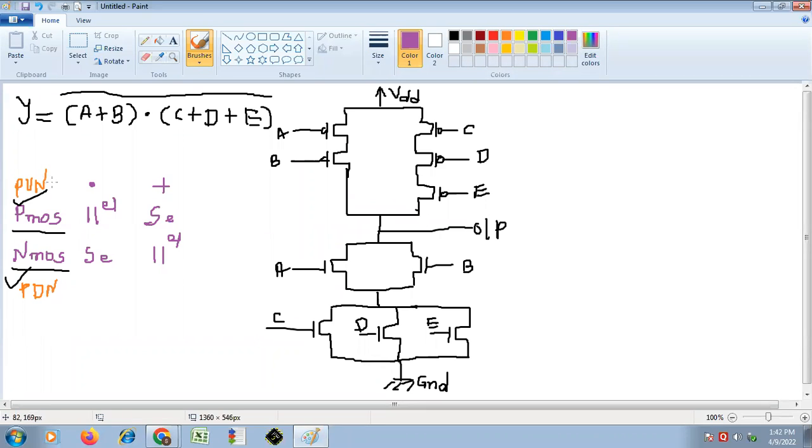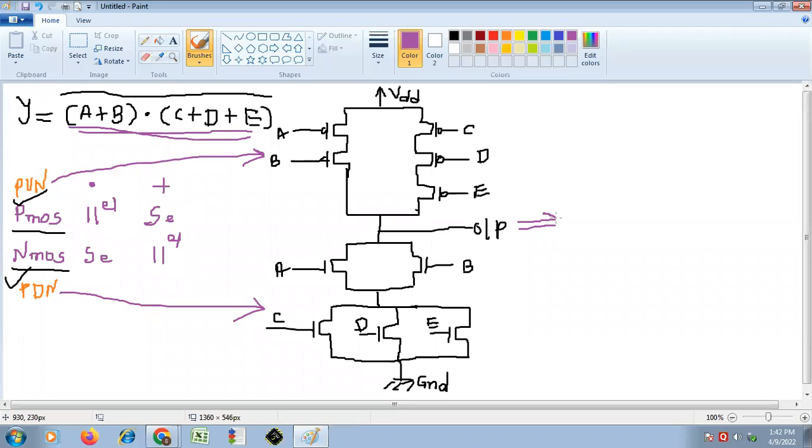So this is a pull up network and this is a pull down network of this equation. Clear with this? Now we have to go for its stick diagram representation.